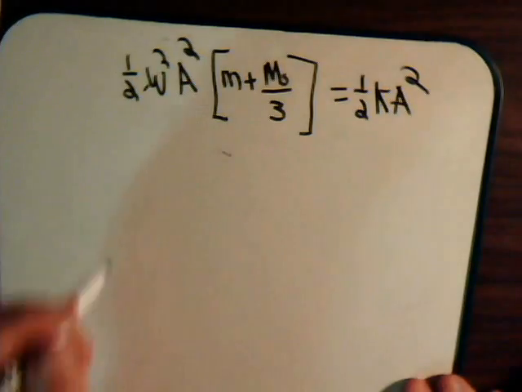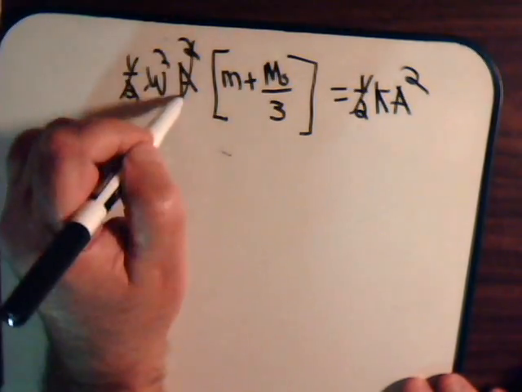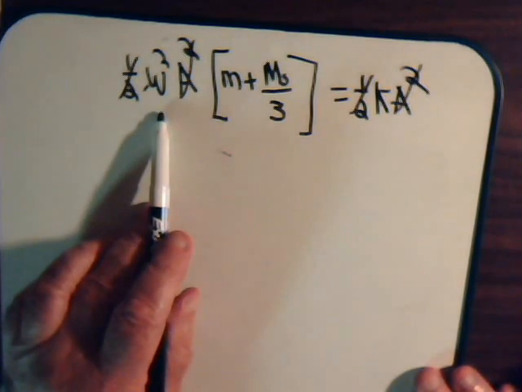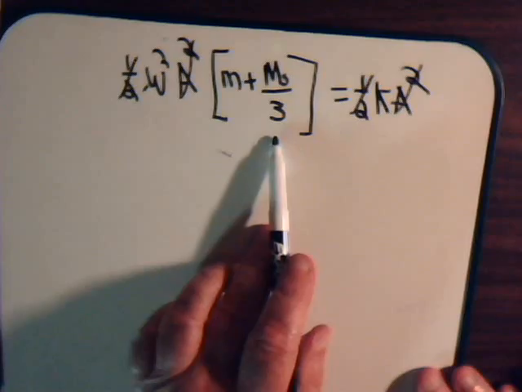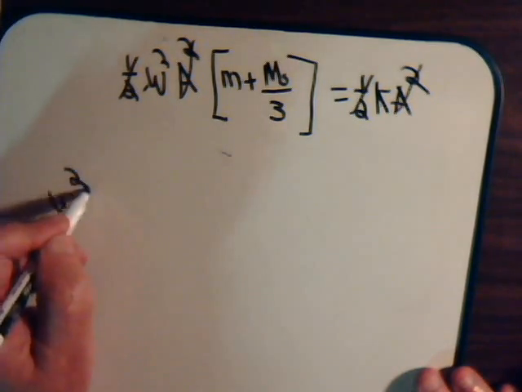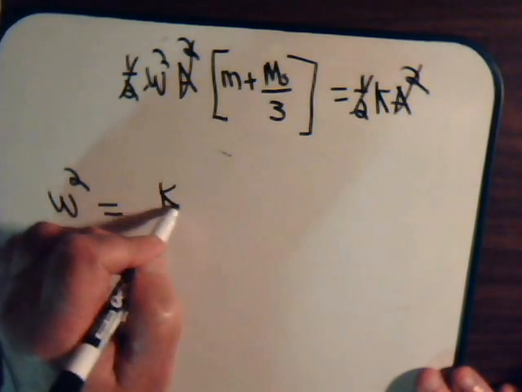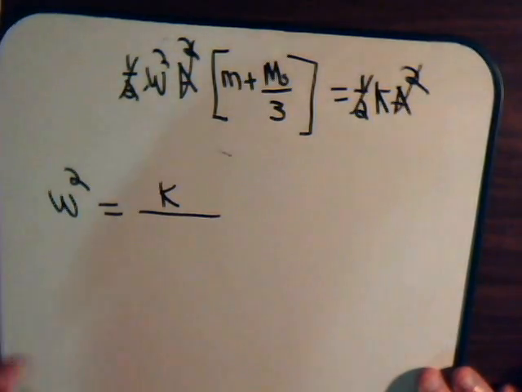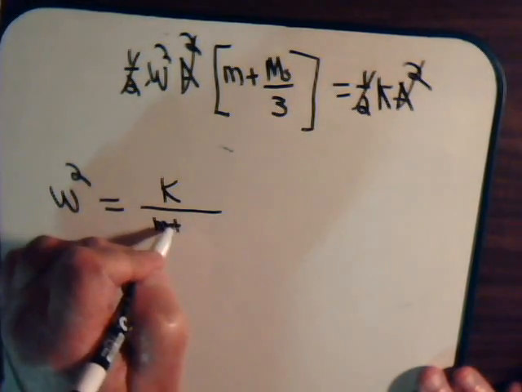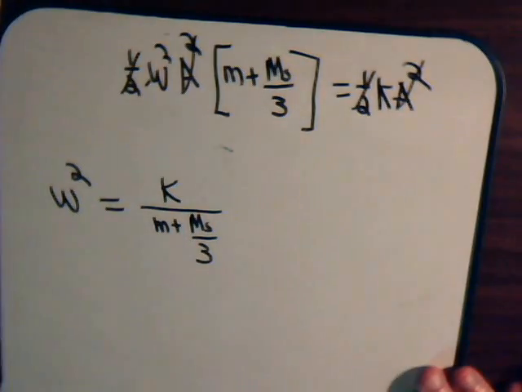So the 1/2s cancel, the a squareds cancel, and we have our natural frequency squared will equal k divided by this. So we have omega squared equals k divided by the mass of the block plus the mass of the spring divided by 3.